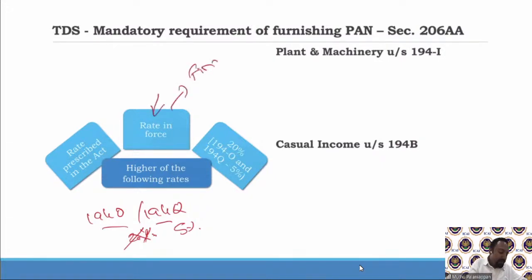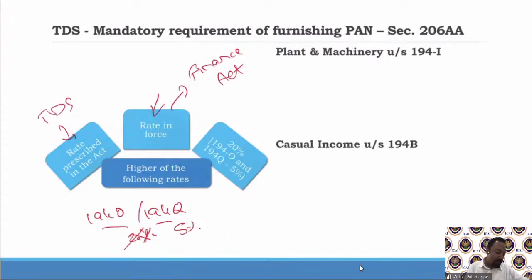Whatever is provided in the Finance Act. Every Finance Act sometimes comes up with a rate. Rate prescribed in the Act is your TDS rate and other things. Rates in force is the actual rate applicable for that particular transaction, which is specified in the Finance Act, and then 20%. Typically, for your intermediate purpose, you can keep it as the TDS rate or 20%, whichever is higher. If it is for 194O and 194Q, it becomes 5% instead of 20%.